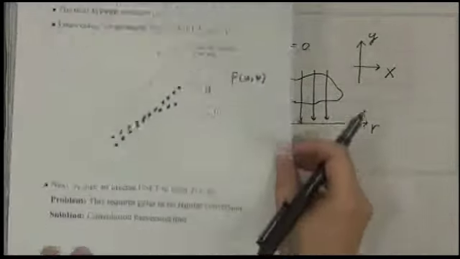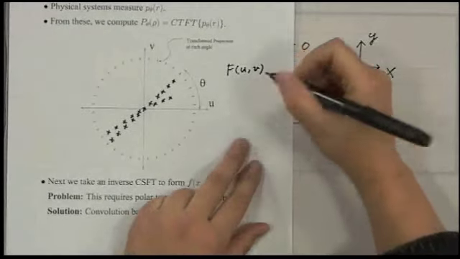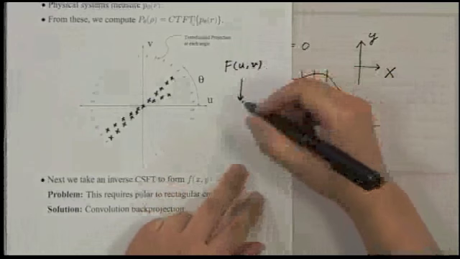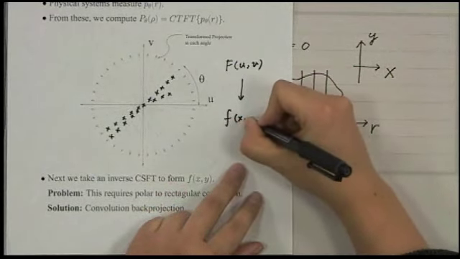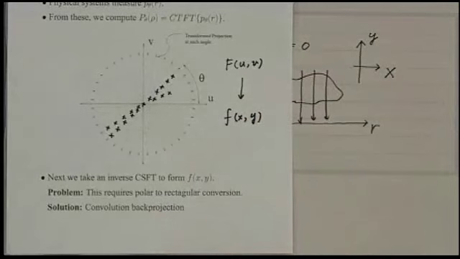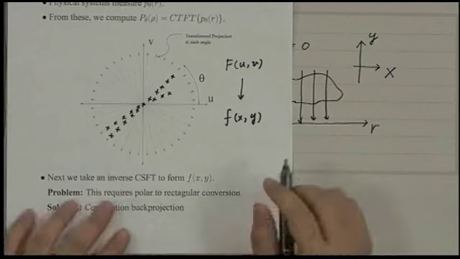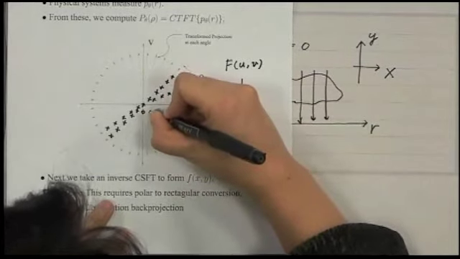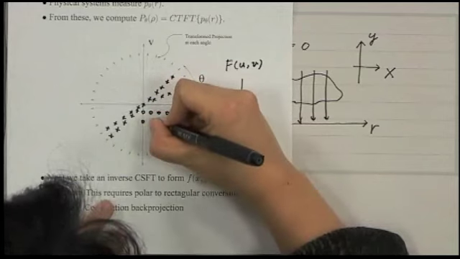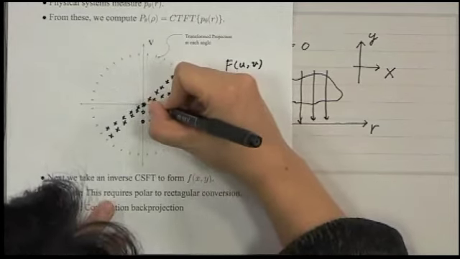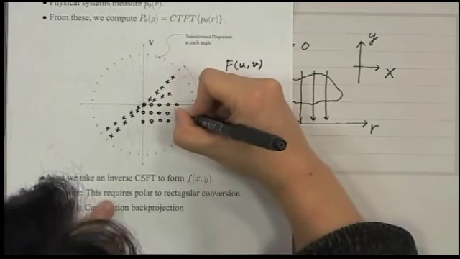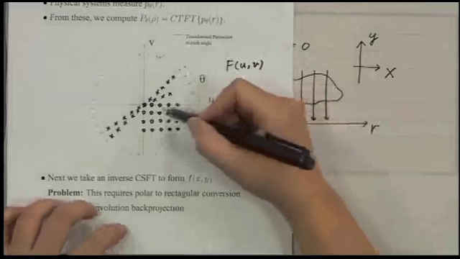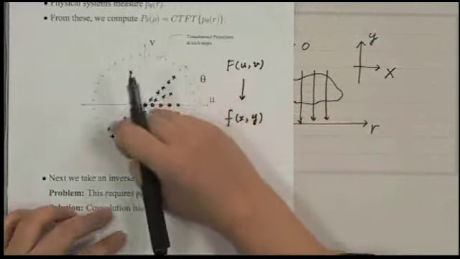However, the next step we take is the inverse Fourier transform from this capital F(u,v) to f(x,y). To implement this inverse Fourier transform, what we really need is data on a rectangular grid, like this. So this point doesn't match this one.